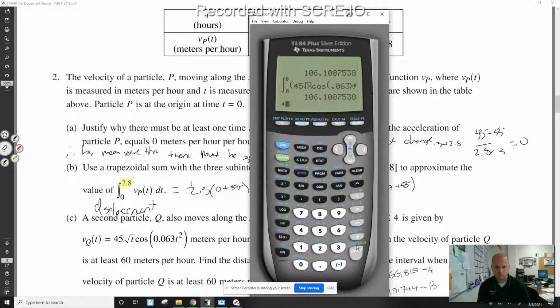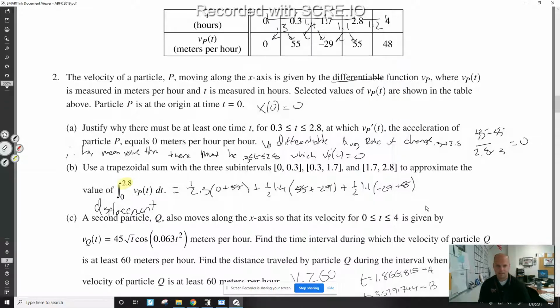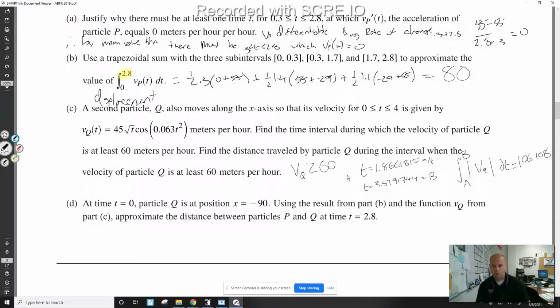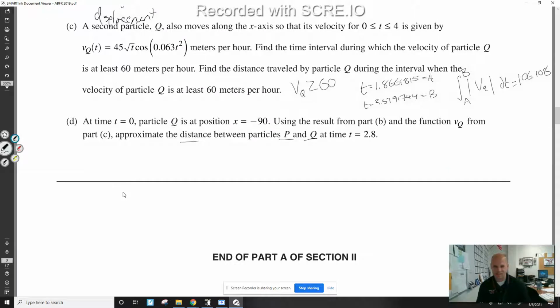80. Look at that. Well, to figure out the distance between P and Q, I have to look at their two positions. Okay? It's a calculator problem. What's the formula that we always use for a calculator section?